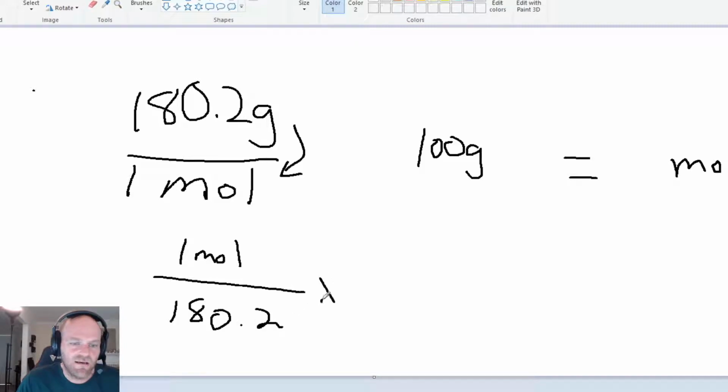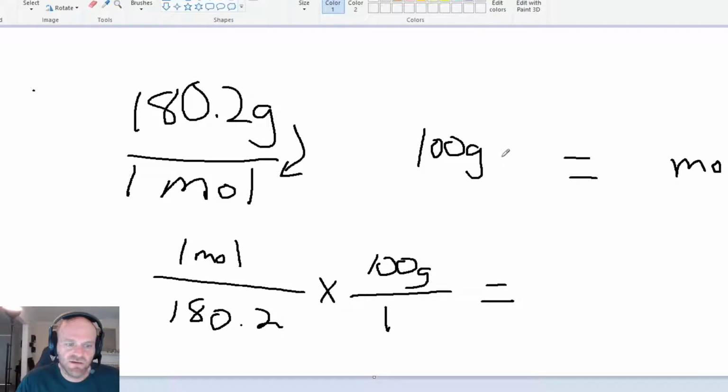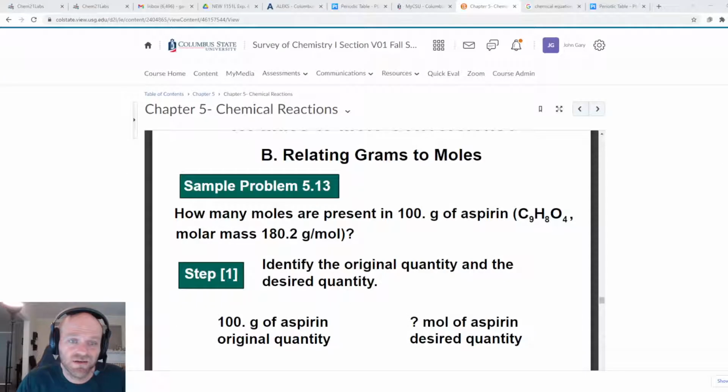And then times 100 grams over 1, just for simplicity. And that would be, grams canceled. I got a gram on it there, so those grams cancel. 100 divided by 180.2.